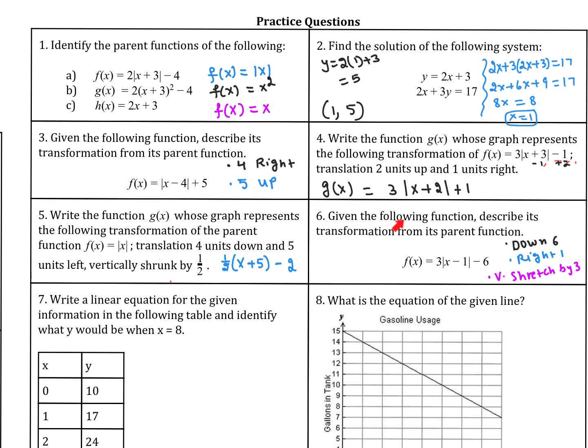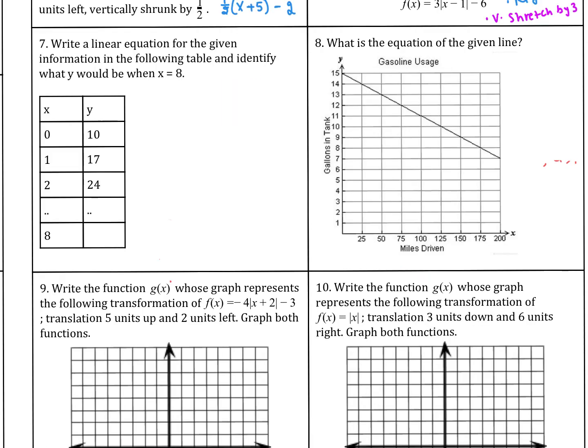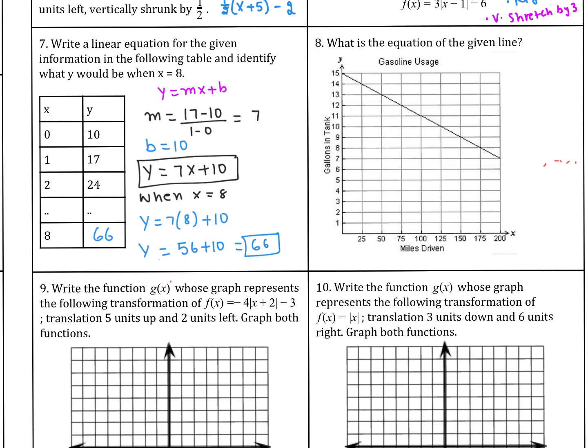For this number 6, you're going to describe the transformation. Right 1, down 6, vertical stretch by 3. Question number 7 and 8. For number 8, the equation of the line should have y = mx + b.